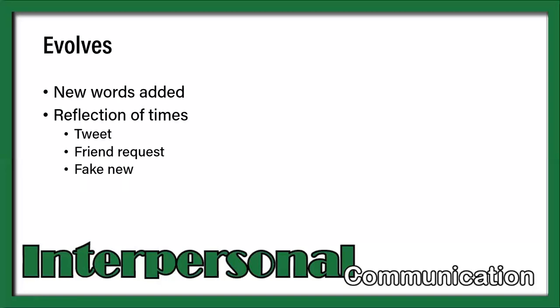And the last part in this section is this idea of language evolving. So there's lots of rules that go along with it, but what we'll see is that the language will change depending on what's happening culturally. So you'll see new words added to the dictionary, and some words, I think, drop off too because it's been so long since they've been used.